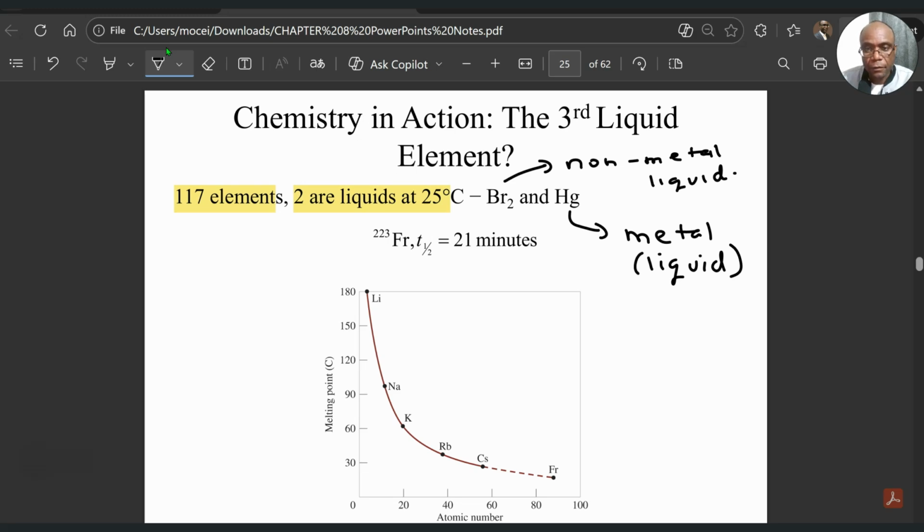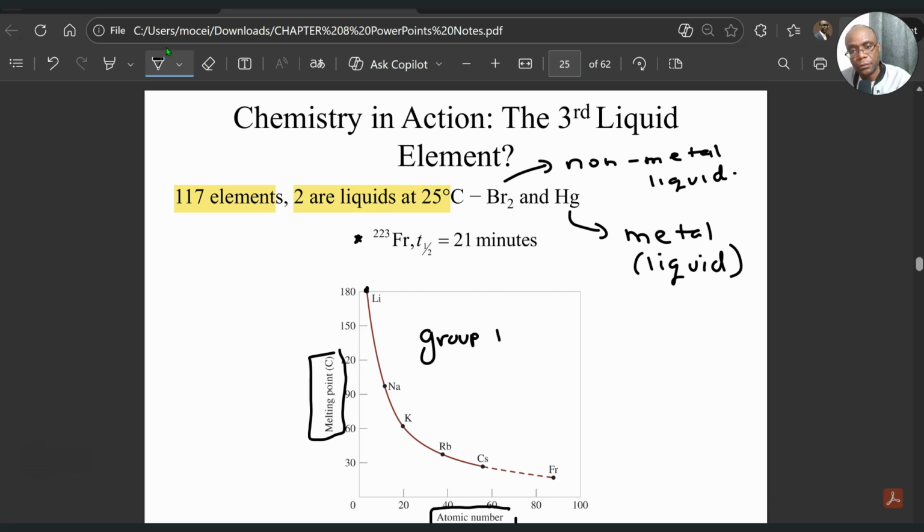Now the graph, don't worry about that, we'll talk about it in a different chapter when time comes. The graph below compares the melting point in relation to the atomic number of elements, and it seems to reduce from lithium going downwards when considering the same elements in group 1.